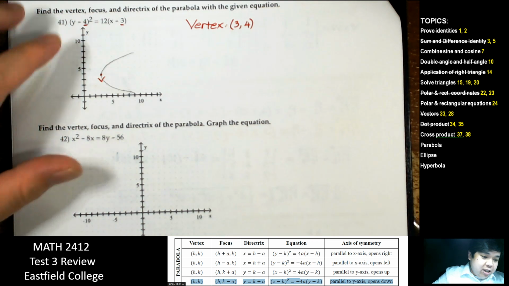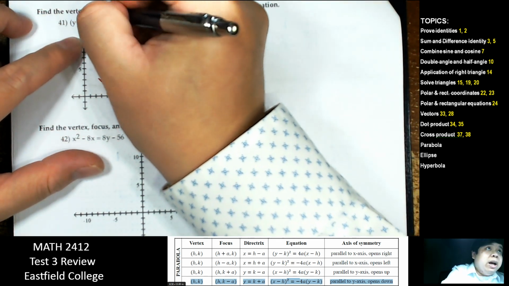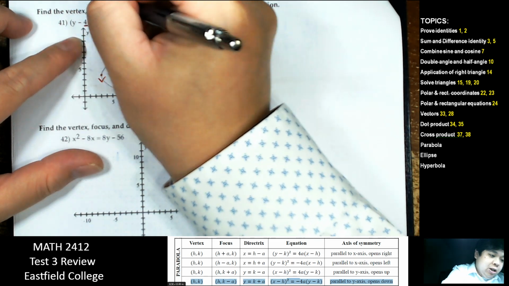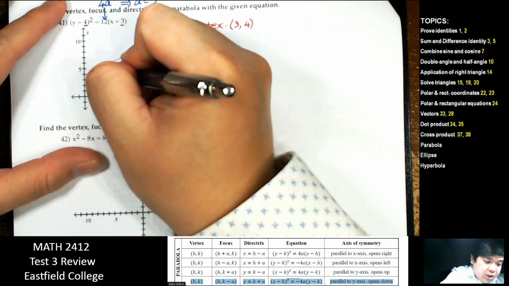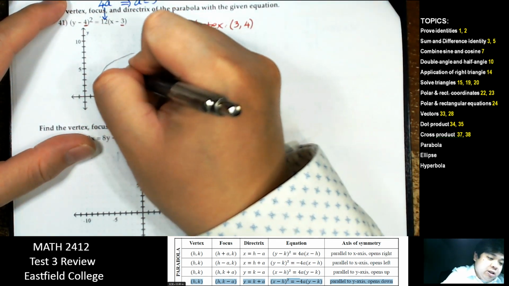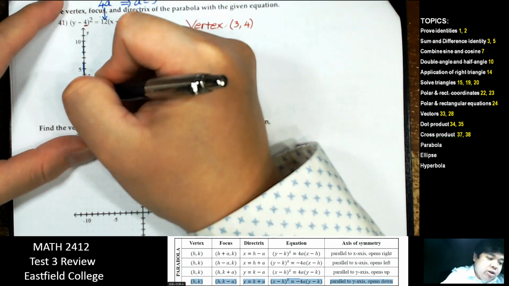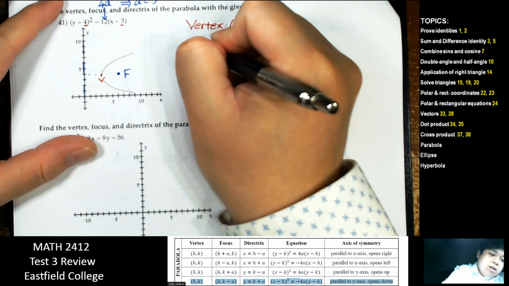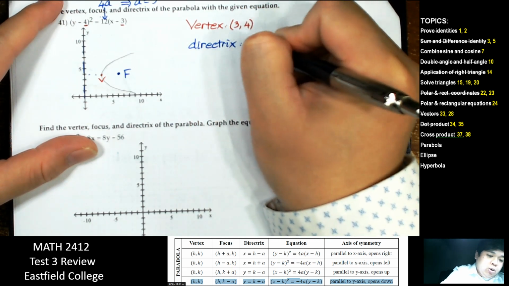Next, we know that it is like that. This have to be equal to 4a. So in this case, a is equal to 3. So if we go 3 units to the right, that will be the focus, and 3 units to the left, that will be the directrix. So we have directrix is y equal to 0.